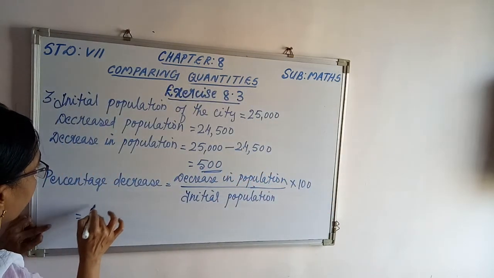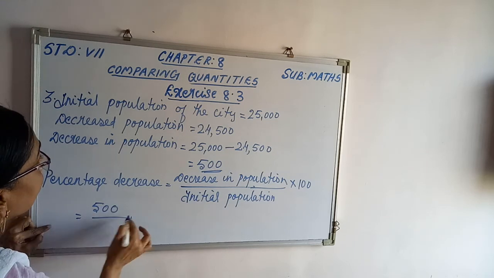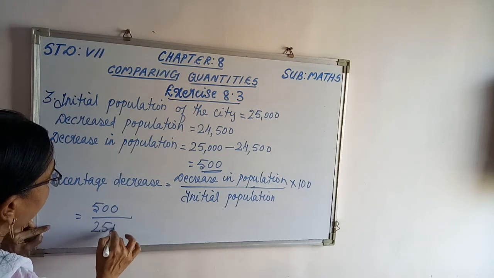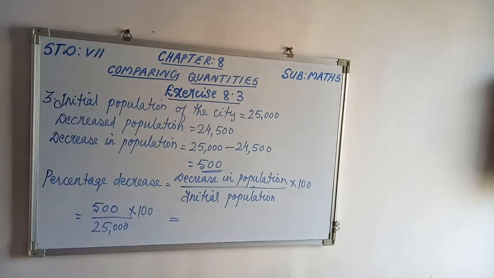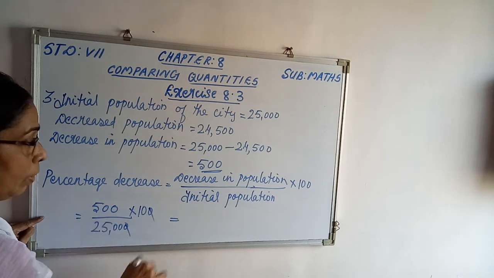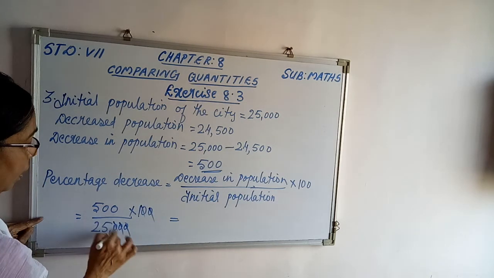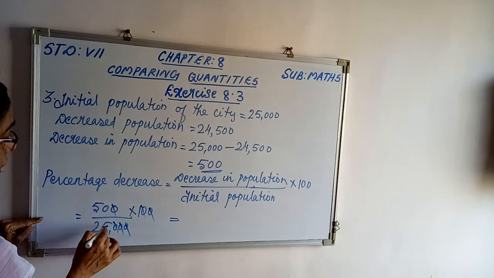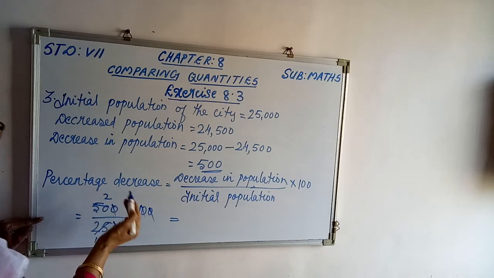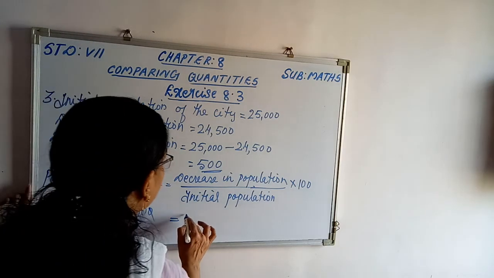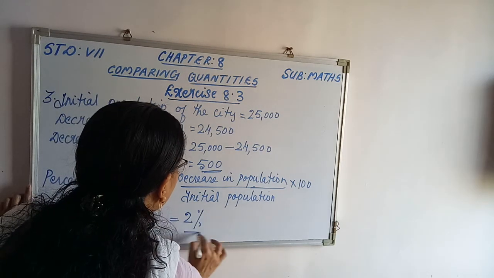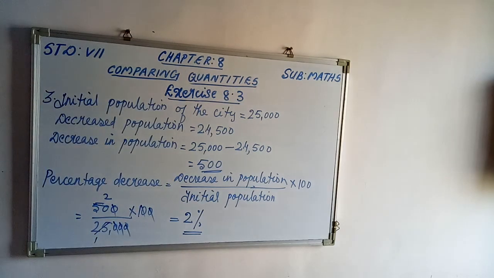That's equal to 500 upon 25,000, which is the initial population, multiplied by 100. That's equal to 0 and 0 cancel. Here also 0, here 0 cancel. Okay. Then 25 ones are 25, twos are. So how much percentage is there in the decrease? That is 2%. This is the percentage decrease.